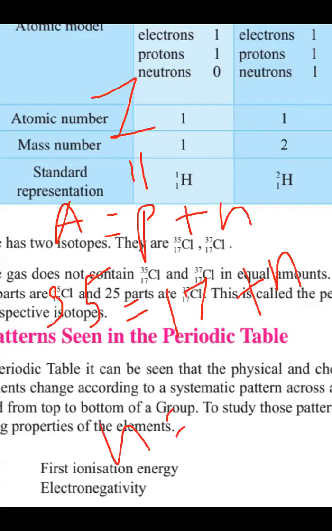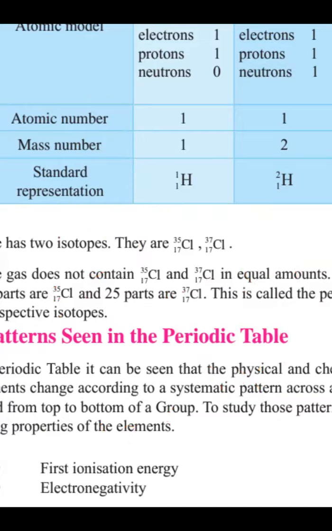N equals 35 minus 17. That is 18. So 18 neutrons.